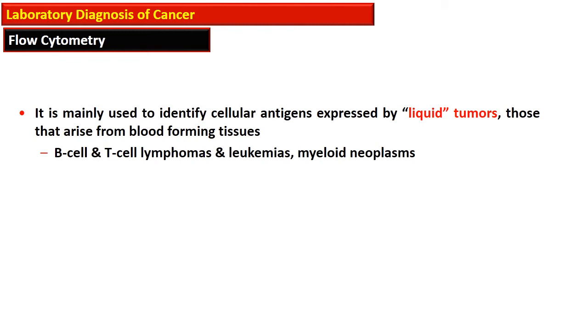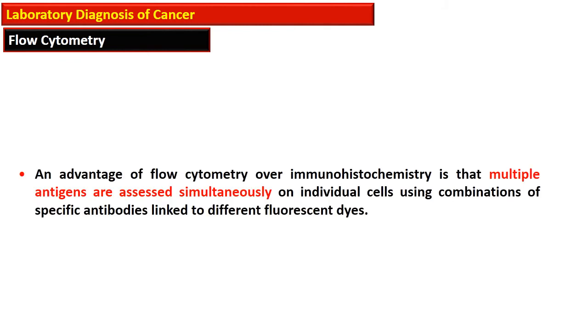This technique is especially used to identify the cellular antigens that are expressed by liquid tumors, such as B cell or T cell lymphomas, leukemias, and myeloid neoplasms. Flow cytometry has some advantage over immunohistochemistry because multiple antigens are assessed simultaneously.